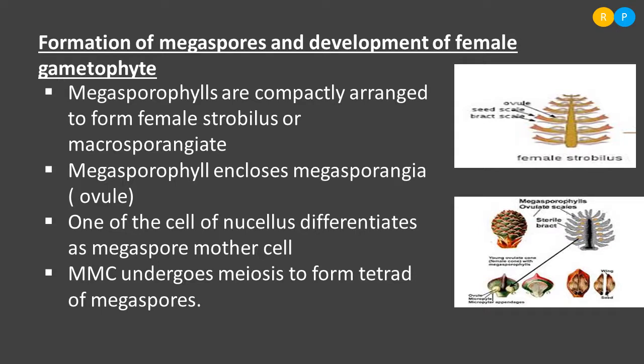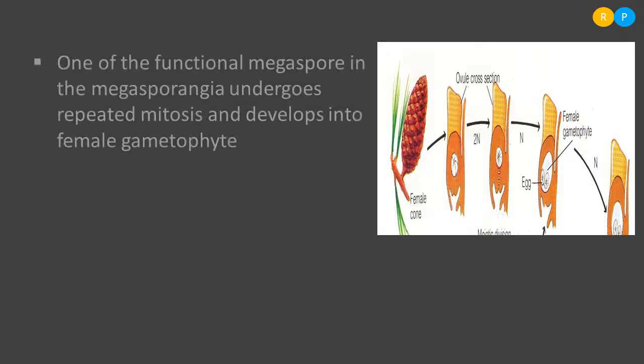So in the next step, one of the functional megaspores in the megasporangia undergoes repeated mitosis and develops into the female gametophyte. So we have seen 4 megaspores were developed within the ovule. Out of 4, only one megaspore becomes functional.